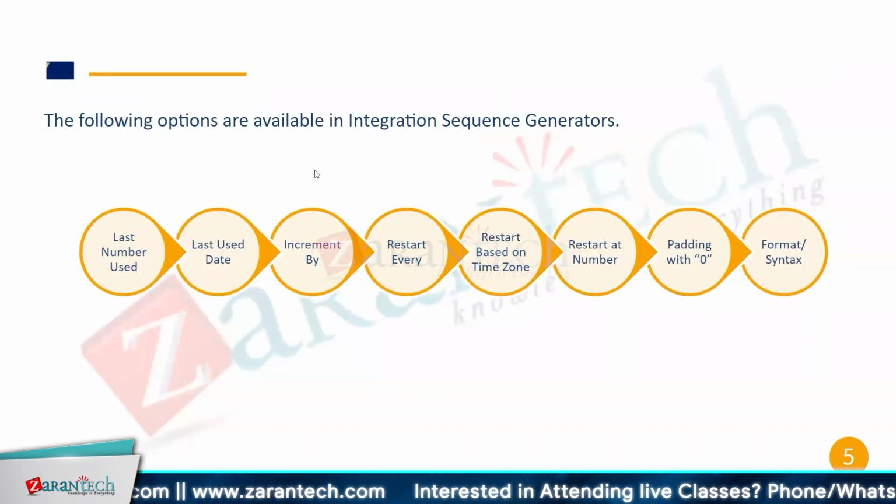The following options are available in integration sequence generator: last number used, last use date, increment by, restart every, restart based on time zone, restart at number, padding with zeros, or format syntax.